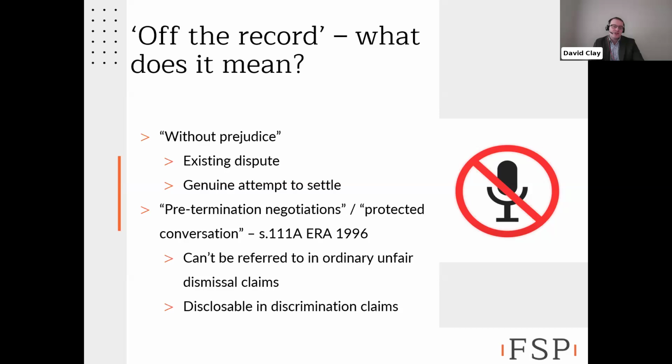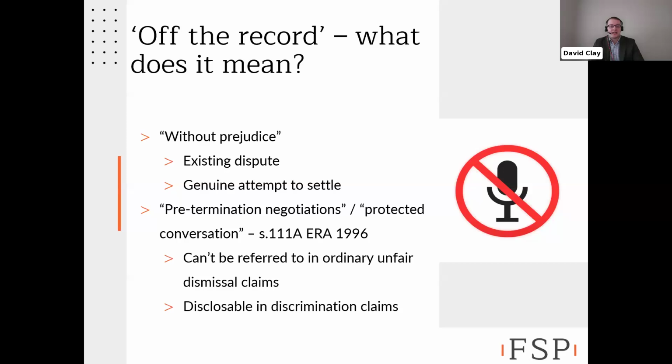Well, without prejudice conversations only apply where you've got an existing dispute. So that's where litigation is already in progress, or it can be reasonably contemplated that there are going to be legal proceedings. And you're having conversations and discussions which are part of a genuine attempt to settle claims.